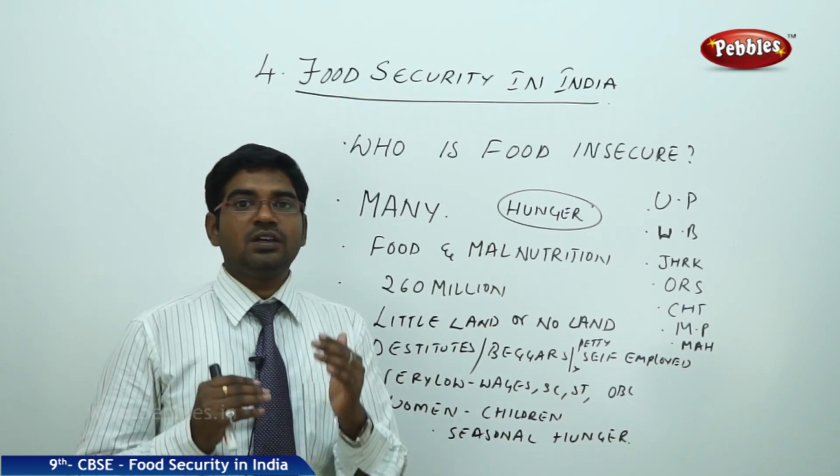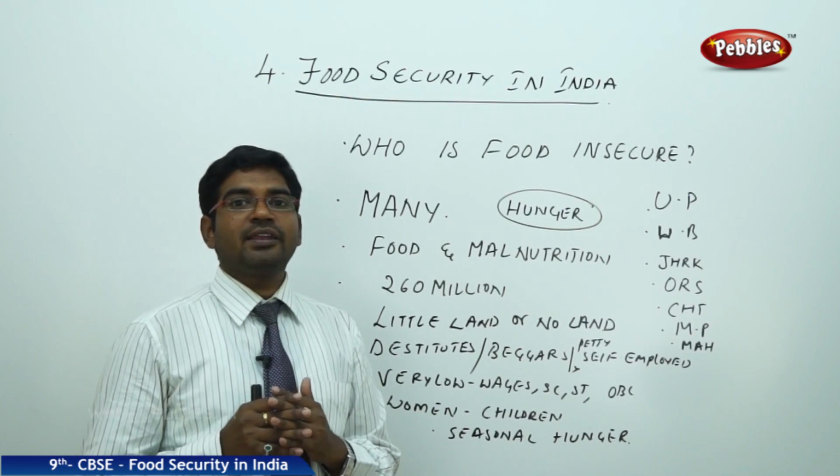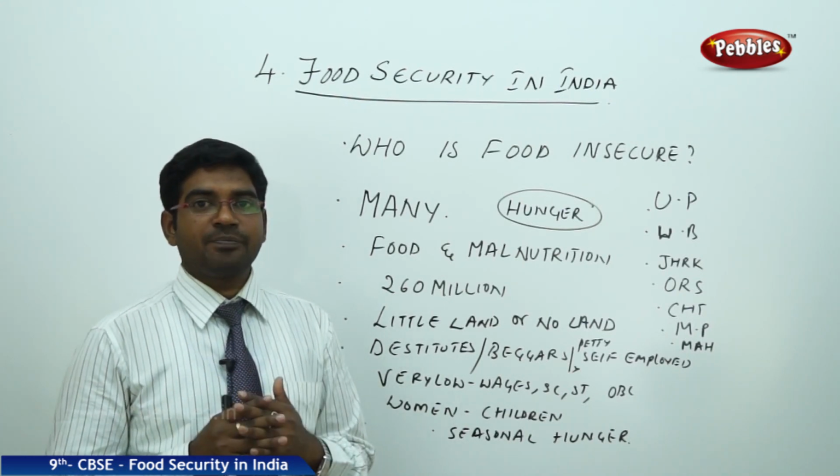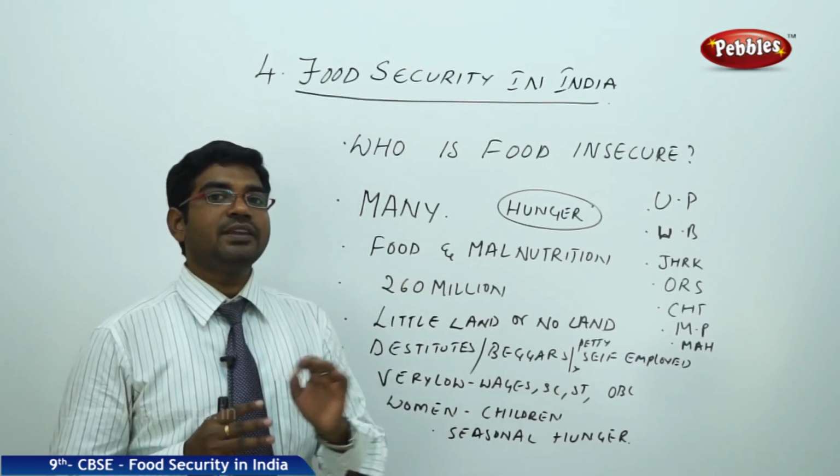This could be one of the reasons why people are falling into the category of food insecurity. And coming to the other category of people who do not have any land.